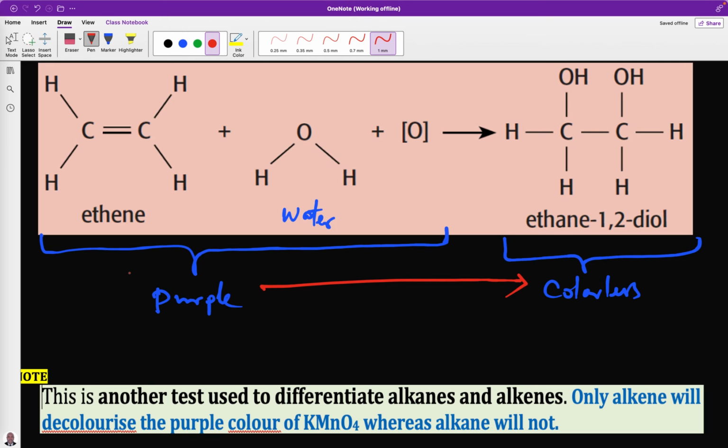And only alkenes will decolorize the purple color of acidified potassium manganate 7. Only alkene will decolorize it because with alkene a reaction will occur. They will decolorize it because a reaction will occur and the double bond will disappear. But with alkanes, they cannot decolorize it.